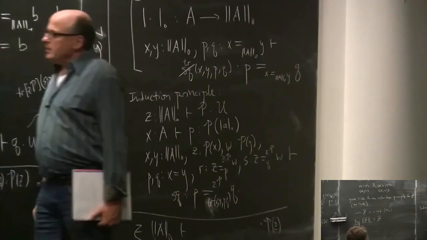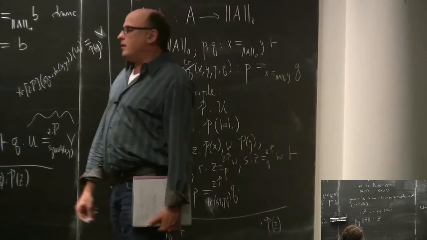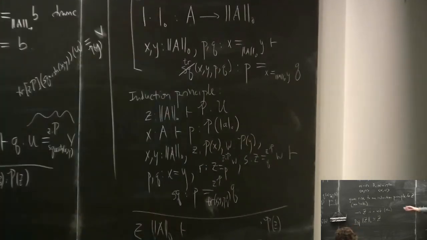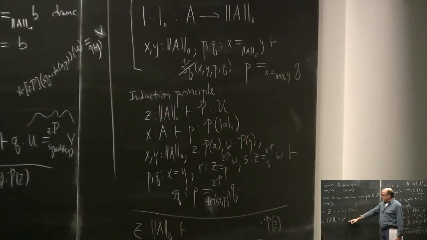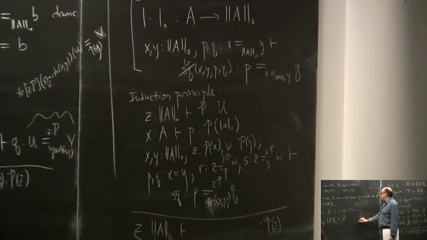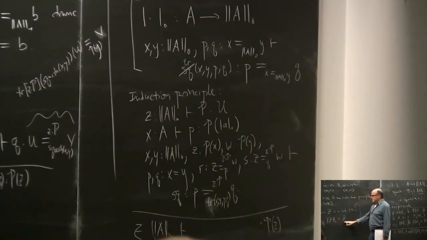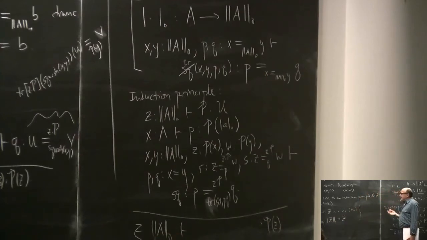So a way of saying this is saying it's a set. You could take that as a definition of what it means to be a set if you wanted. But the idea is that there is no higher dimensional structure.